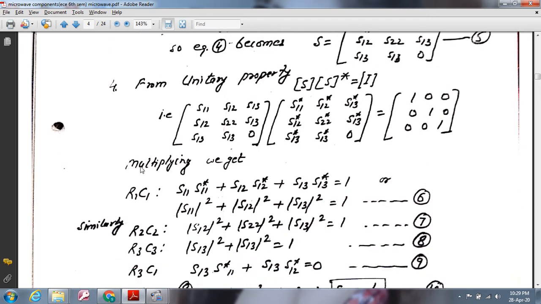Now from this, multiplying this equation with this, we get R1 C1. This is R1 and this is C1.